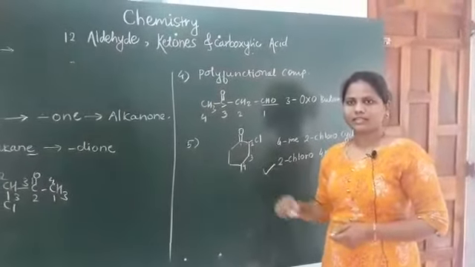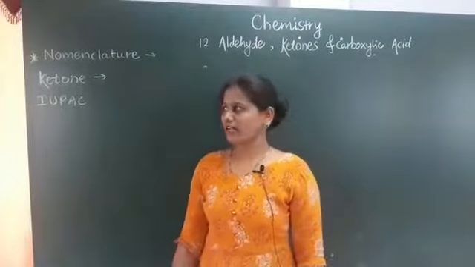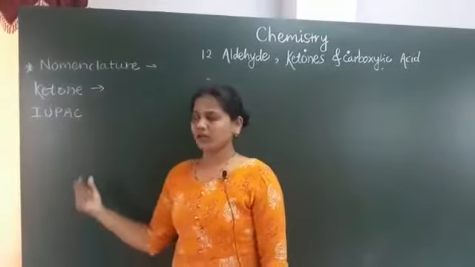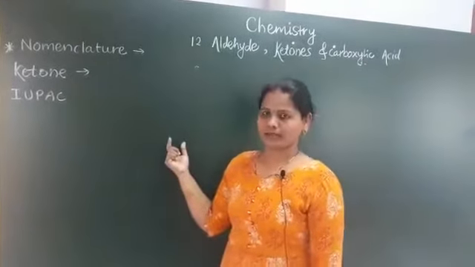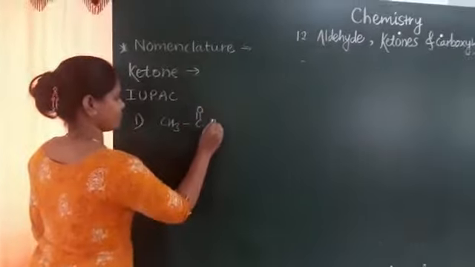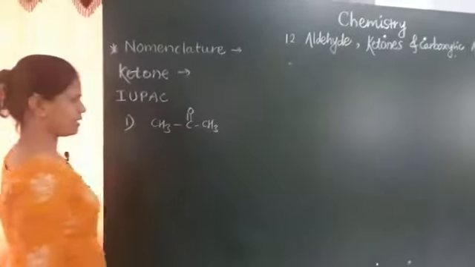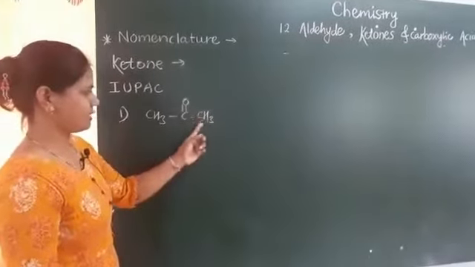Now we will see the examples on this. Let us see the examples of ketone one by one. We will write together the common name and IUPAC name. First example is CH3 C double bond O CH3.